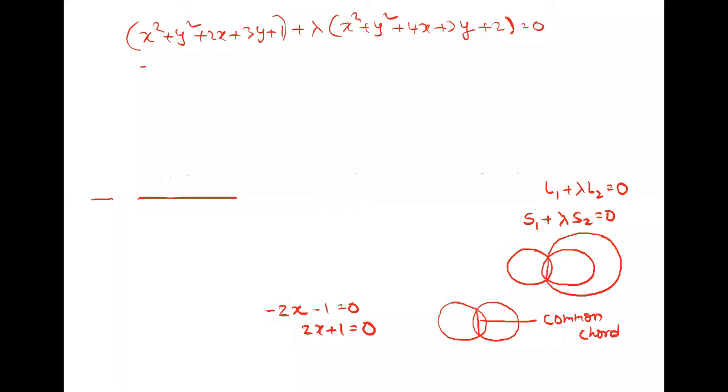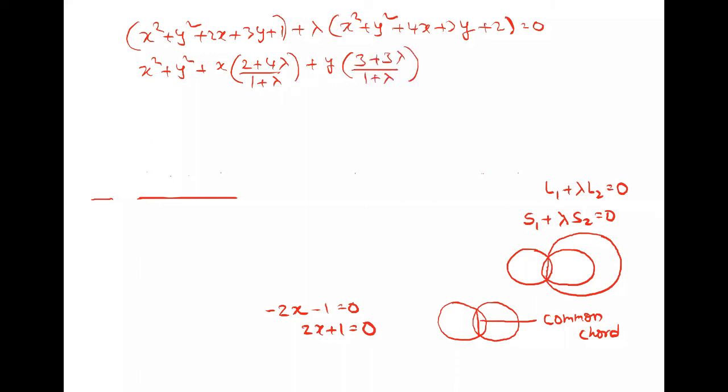So this circle becomes x square plus y square, x times (2 plus 4 lambda) by (1 plus lambda), y times (3 plus 3 lambda) by (1 plus lambda).